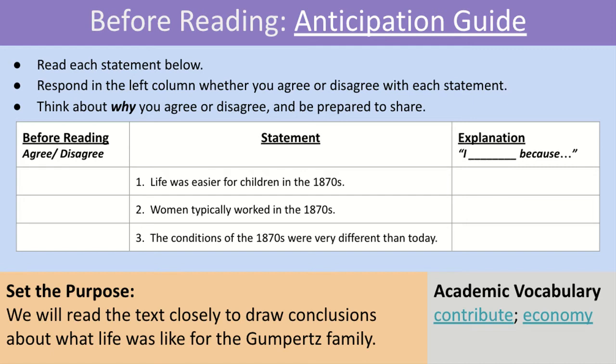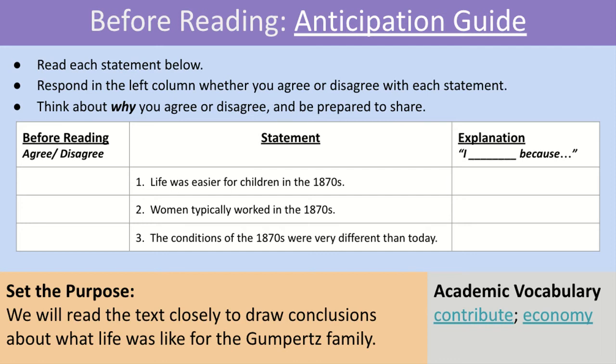Now we're going to get ready for our reading. This is the exciting stuff. So we're going to read 3 statements below, and in the left column, we're going to write whether or not we agree. So that's yes, we think it's correct, or we disagree. We don't think it's correct, or it doesn't make sense. We should also be thinking about why we agree or disagree and be prepared to share with our class or our teacher.